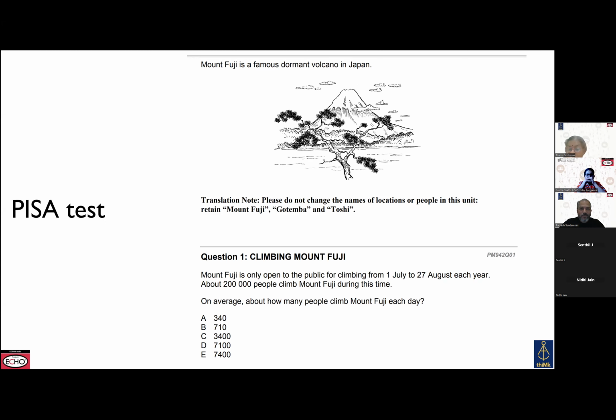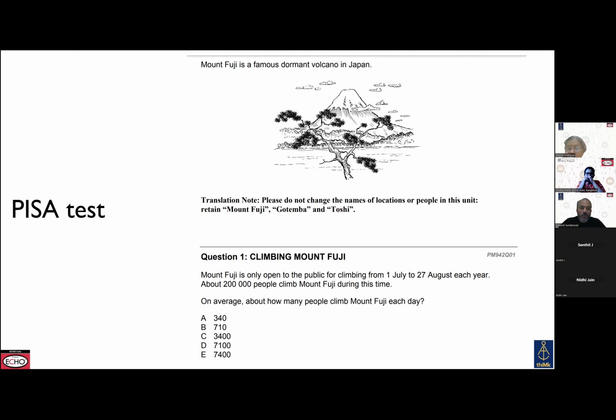Mount Fuji, which is a famous dormant volcano and a big mountain that people climb, is open to the public only for a few days, from the 1st of July to, say, the 30th of August or 27th of August. In a year, about 200,000 people land in that place to trek and climb Mount Fuji, which is in Japan. How many people are climbing it on average each day?